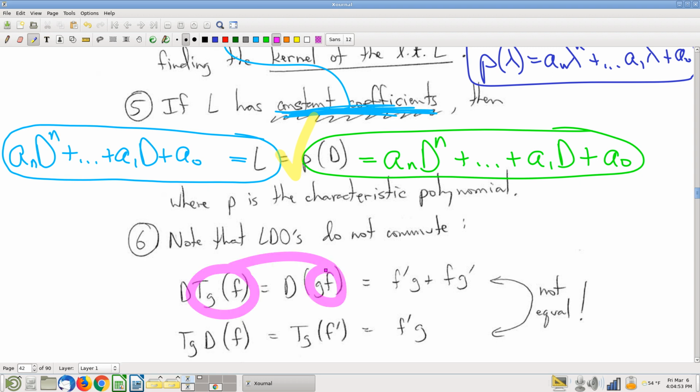Here you're multiplying g times f, and now taking a derivative, product rule, two terms. Whereas on the other hand, if you take the derivative first, there's no product rule. D of f is just f prime. There's no product rule, and so you get just that. So not equal. No surprise, we already knew this, you can't commute.